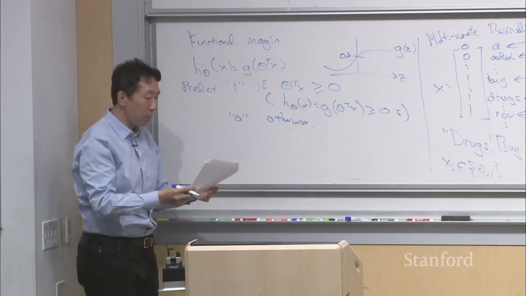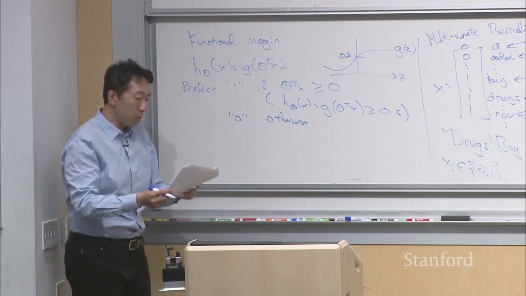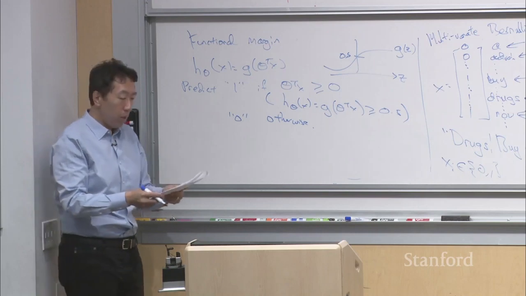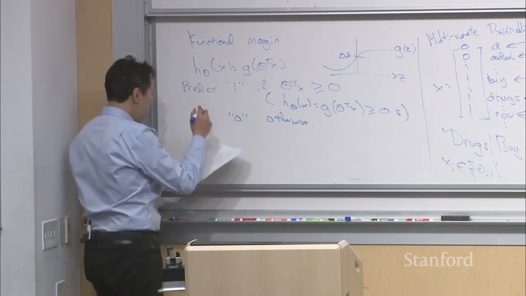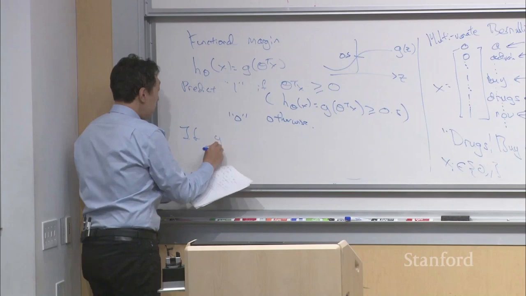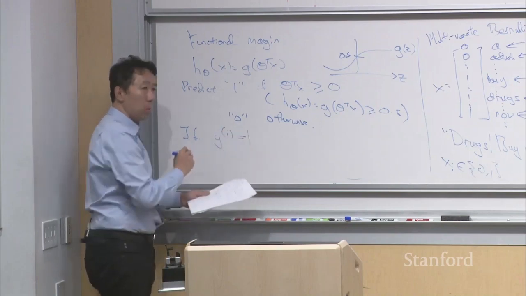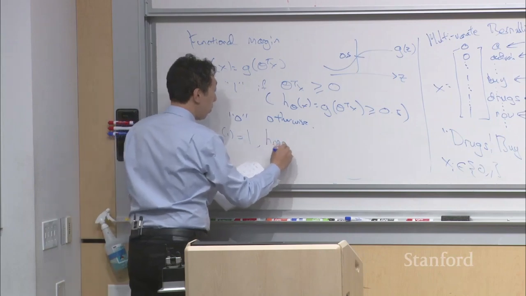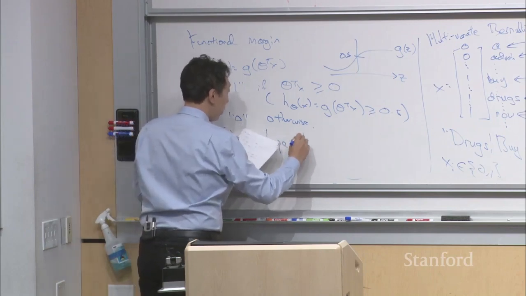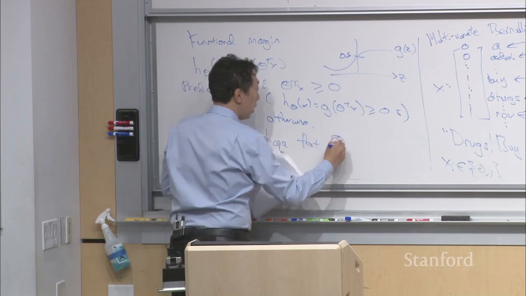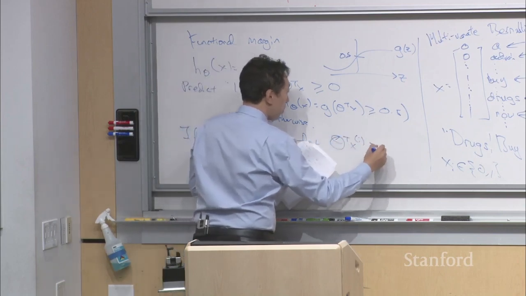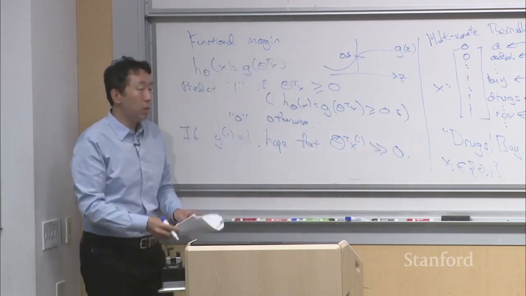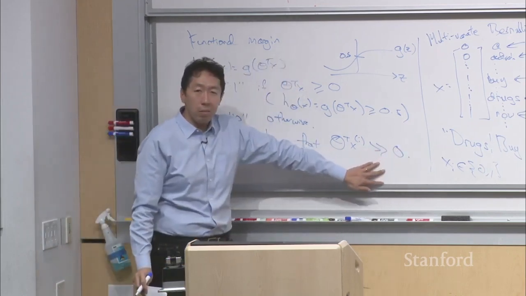So this is what will happen if you have logistic regression output 1 or 0 rather than output a probability. In other words, if y_i is equal to 1, then we want theta transpose x_i to be much greater than 0. This double greater-than sign means much greater.